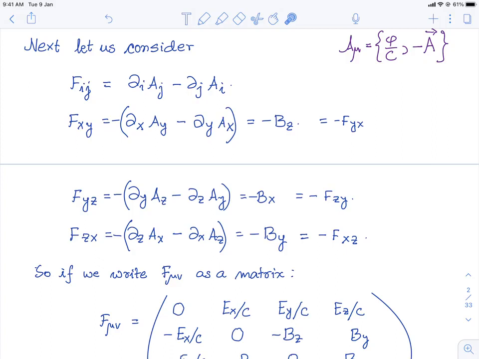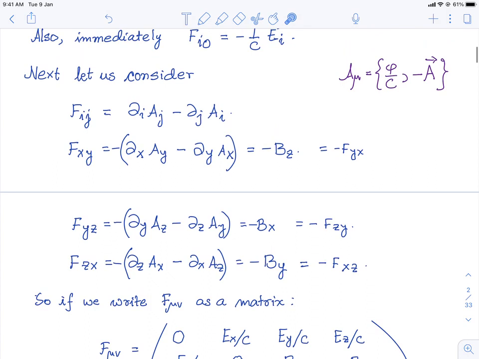And you will see that these components work out to be the components of the magnetic field because it's just the curl of the 3-vector. Okay, it's just the three-dimensional curl of the 3-vector. So this comes out to be the components of the magnetic field. It just works out. Okay, please don't get confused with this change.